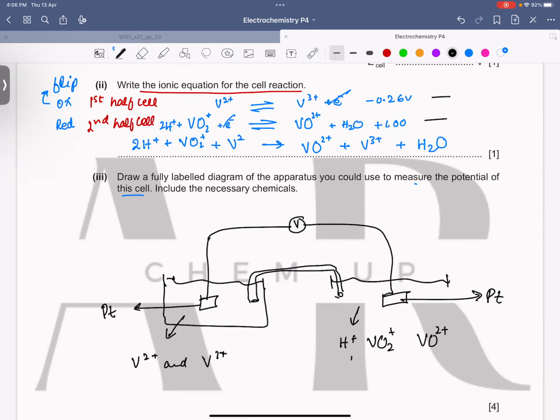So each one of them is 1 mole per dm cube. Is this clear? Is this clear to everyone else? Okay.